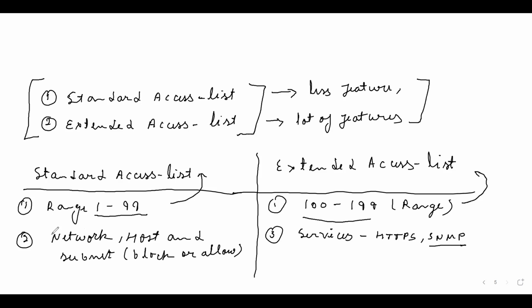But here in standard access list, if I apply this thing, it will block everything. Network means everything. Services also. But in extended, we have the option. We can block only services. We can allow and block only services. This is the option. That's why we use extended.